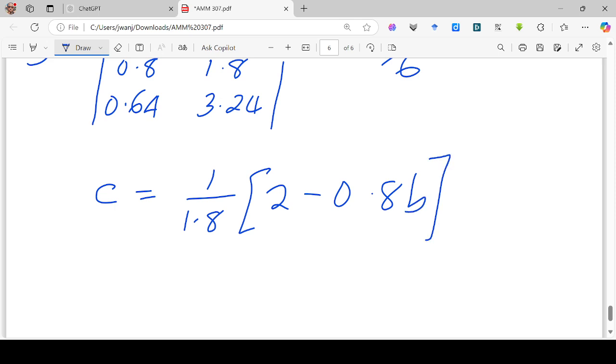Remember, the value of b is 7 over 6. So when we substitute, we get the value of c as 16 over 27.